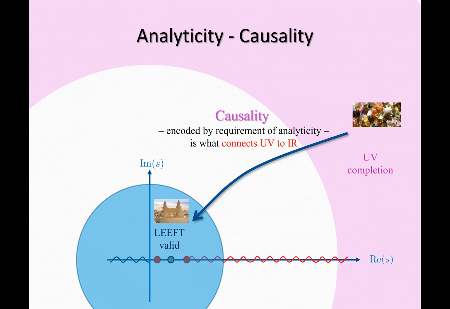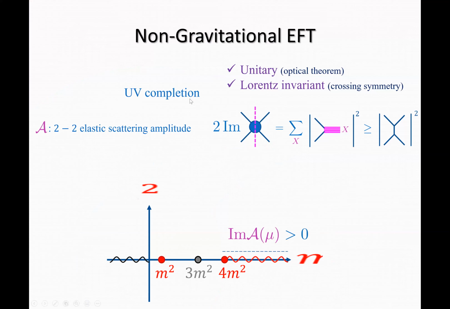Now, with the requirement of causality, plus that of unitarity and Lorentz invariance, I'm sorry, I don't know what happened to this picture here. It looks a little bit funny, but hopefully there's not too much of an issue. So we all know about unitarity, and embedded within it is the optical theorem, which tells you that the imaginary part of the amplitude has to be positive in the physical region.